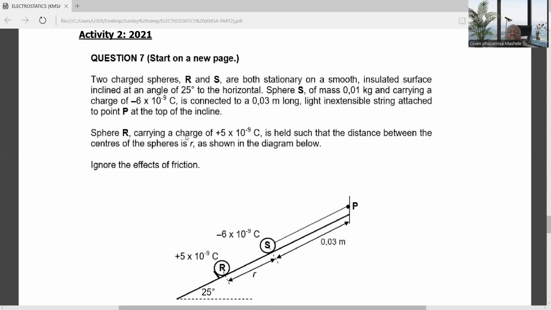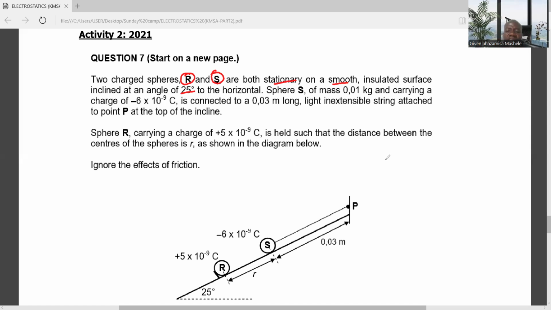It says two charged spheres R and S are both stationary, which means not moving, on a smooth insulated surface inclined at an angle of 25 degrees to the horizontal. So we're dealing with an inclined plane here.